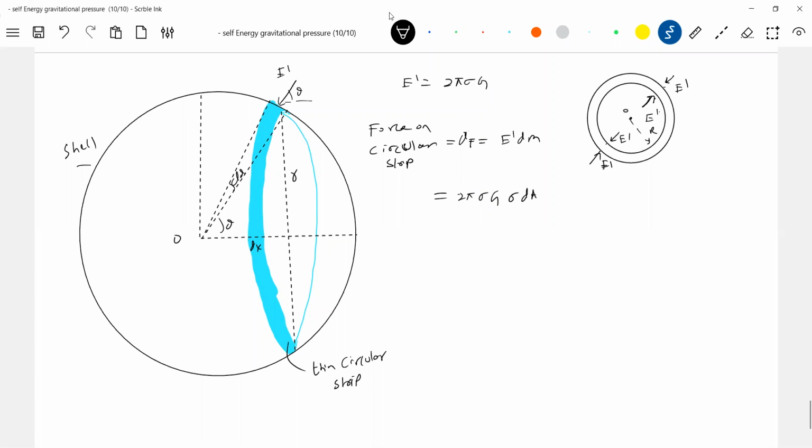Sigma into dA. What is dA? Area of that circular strip. I think it will be quite easy, no? So what is that area? 2 pi sigma. dA should be equal to 2 pi r into dl. So what is dl? dl will be r d theta.